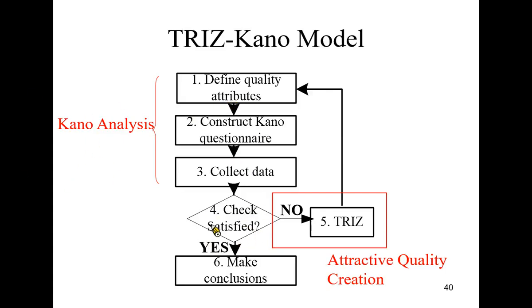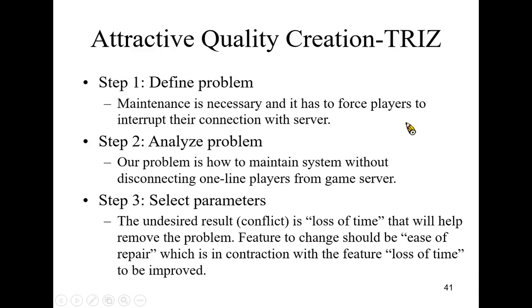If in the Kano analysis we don't find any attractive quality, we go to TRIZ to enter the phase of attractive quality creation, do the Kano analysis again, and then make a conclusion.